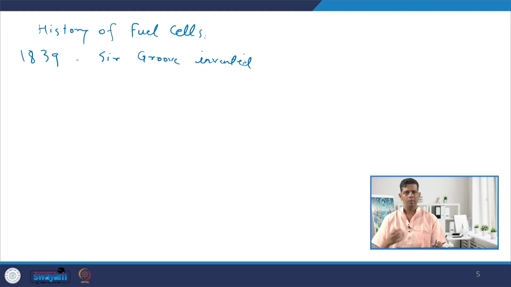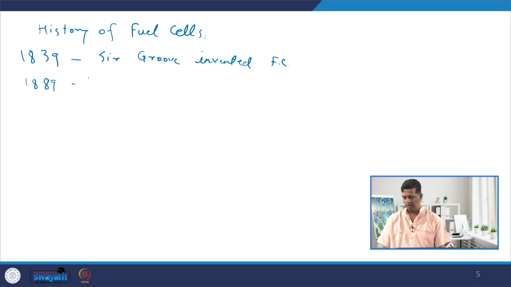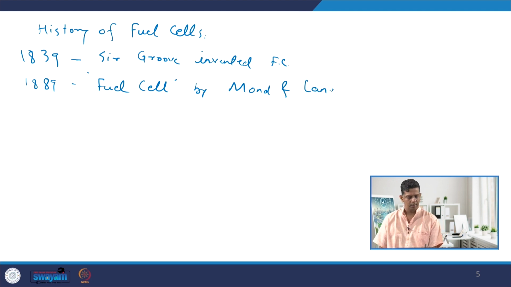We will see what alkaline fuel cell is and how it works. This was when the fuel cell was conceptualized. And back in 1889, this term fuel cell was coined by Mond and Langer.